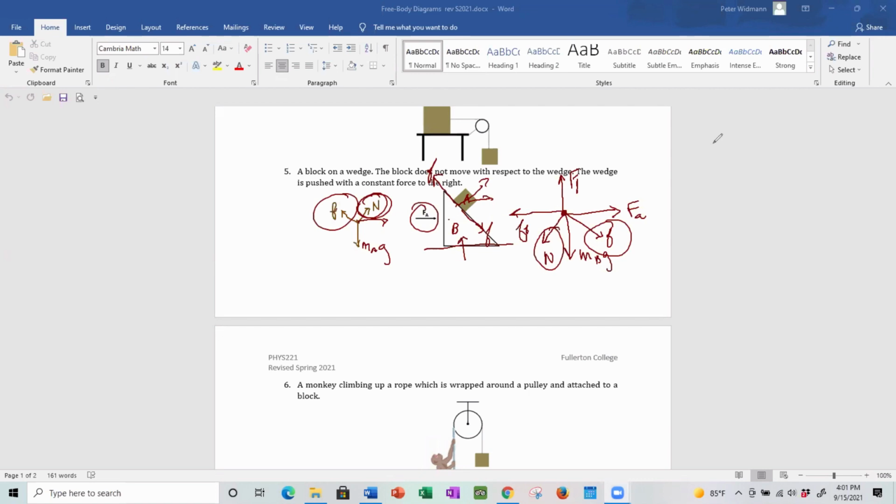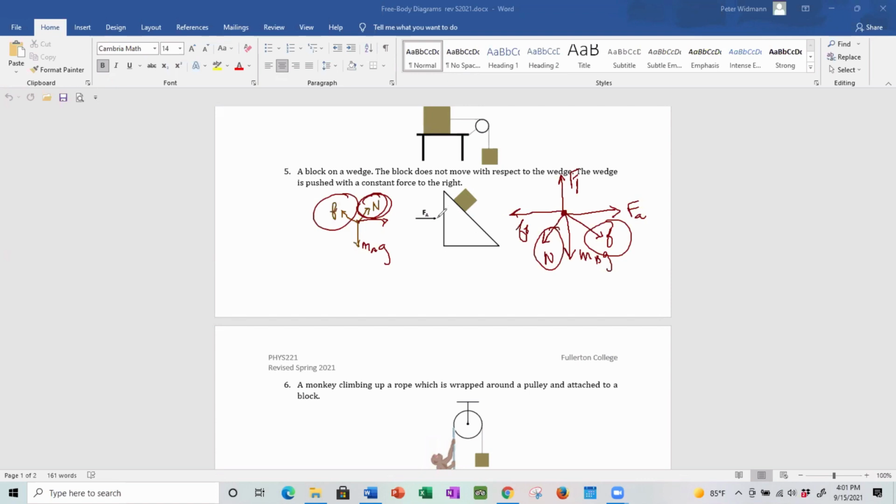Can you clarify that point a little bit more? Sure. Here, I'm going to erase some of this stuff. FA pushes here, and that accelerates this whole thing.